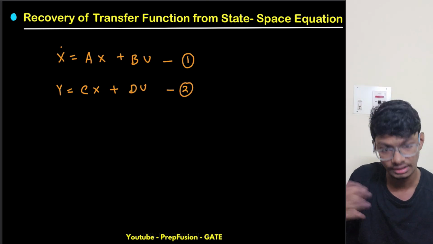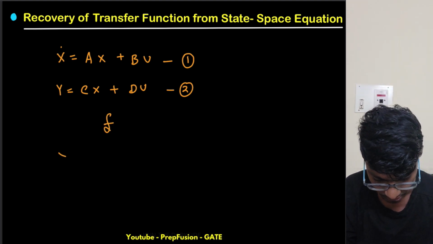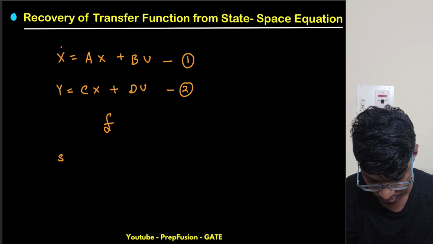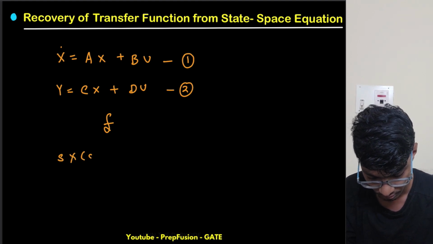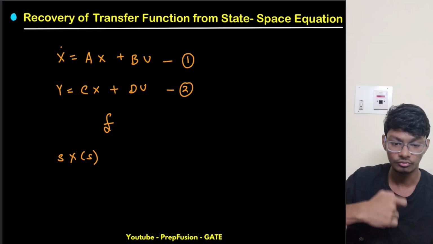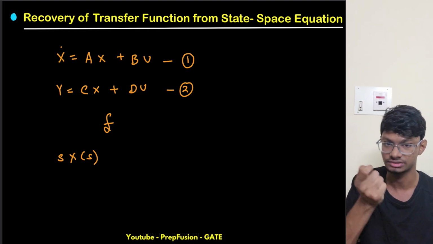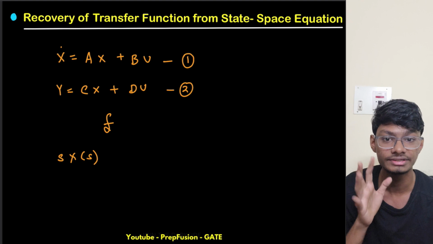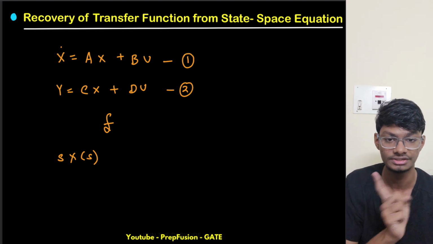Now if I take the Laplace transform of this, what do we get? Again, this is s of X(s). This time I won't write the x of 0. Why? Because we are finding the transfer function, and for the transfer function, the initial values will be 0.